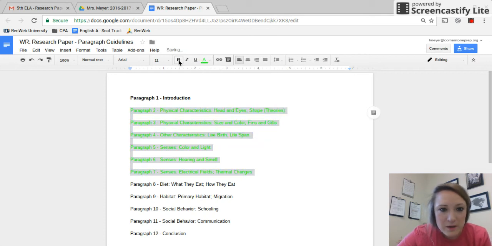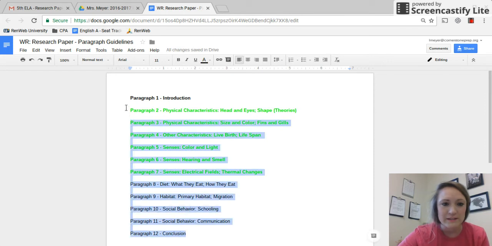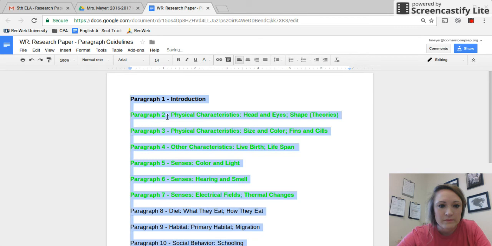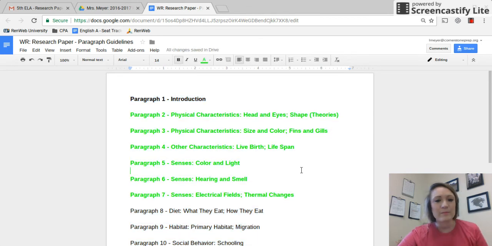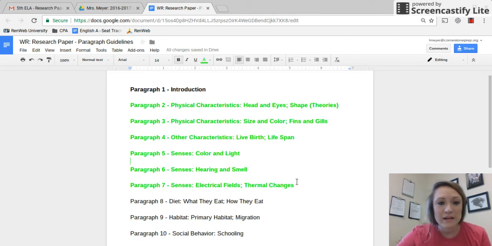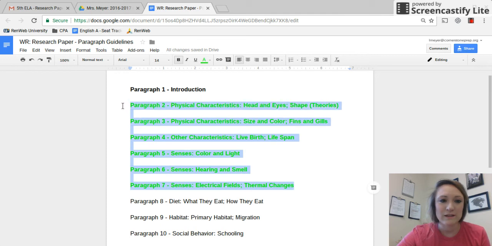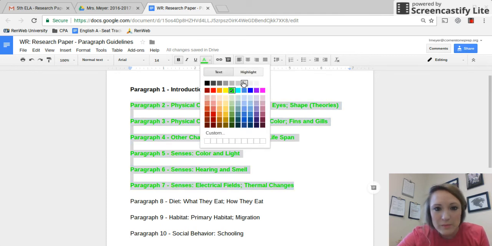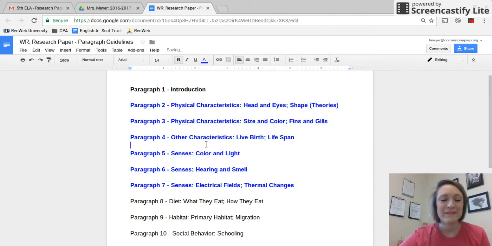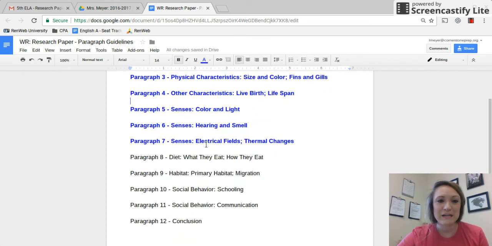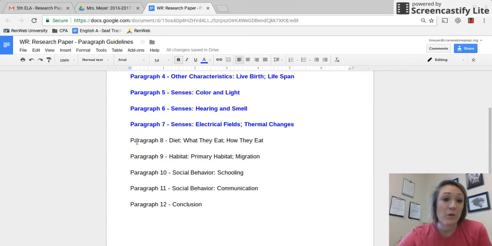Oh, that's really kind of small. Let's make them bold. Let me make all of this a little bit larger so you guys can see it. Sorry about that. There we go. That's a little bit better. So at home today, you are working on paragraphs 2 through 7. Let's actually make this blue so it's a little bit brighter. There we go.